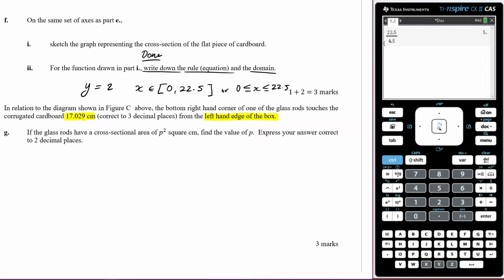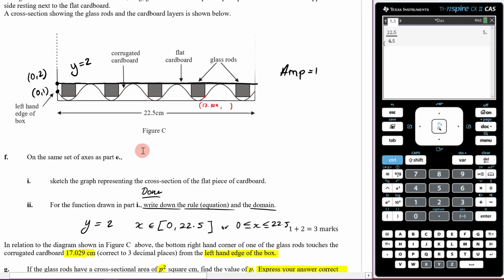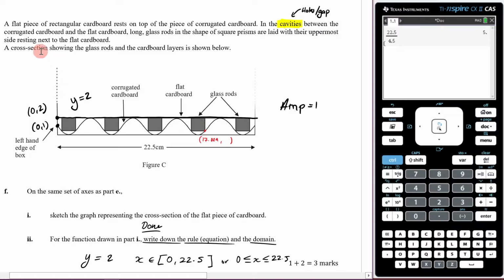It says, if the glass rods have a cross-sectional area of p squared square centimeters, find the value of p, express your answer correct to 2 decimal places. What a fantastic question this is. The thing I would really want you to take note of is that these rods, we have been told, are in the shape of squares.